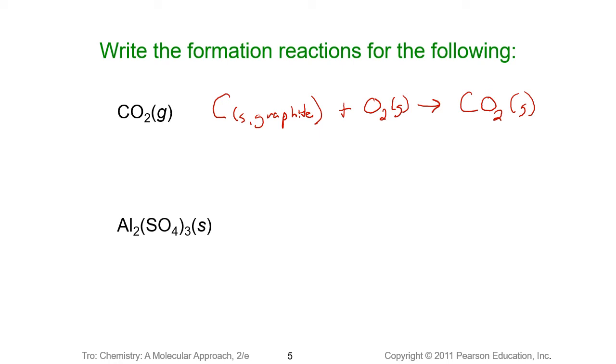If we try our aluminum sulfate, the standard elemental form of aluminum is just the solid form of aluminum. For sulfur, it is S8 as a solid in the rhombic form.